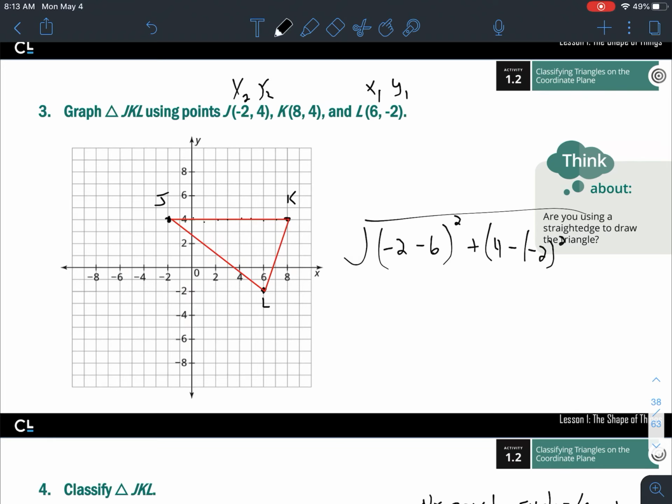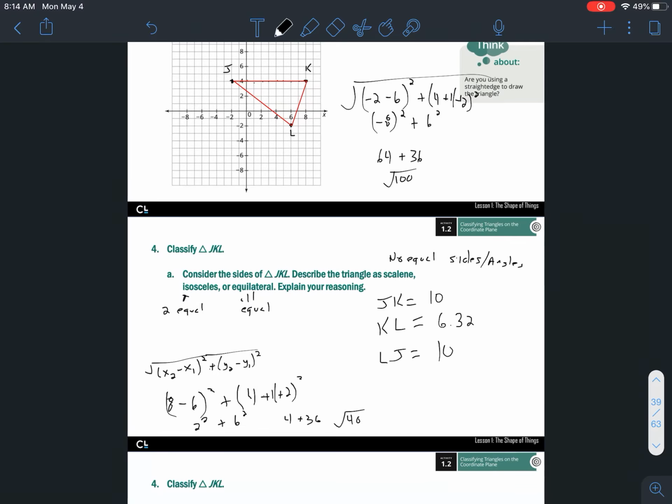So negative 2 minus 6 gives us negative 8 squared plus 6 squared, because negative times negative is a positive. Negative 8 squared comes out to be 64, plus 36, which we add together, comes out to be 100, and square root of 100 is just 10.